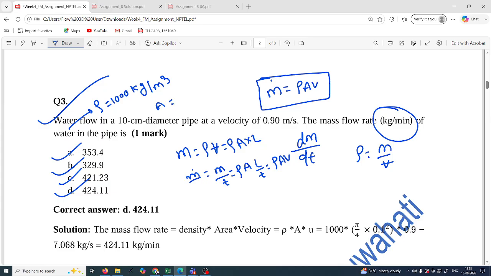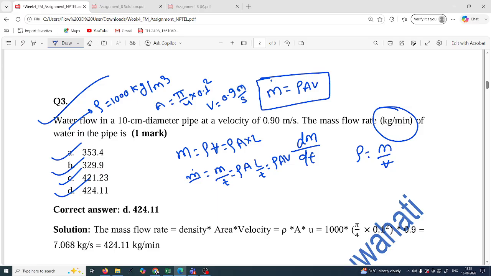Area is given by the 10 centimeter diameter of the pipe, so pi by 4 into 0.1 squared. Why? Because I am going to calculate in meters, so 10 centimeter is nothing but 0.1 meter. And velocity is given as 0.9 meter per second.